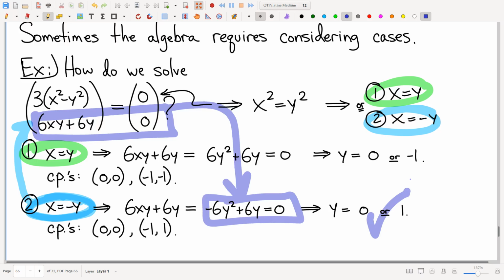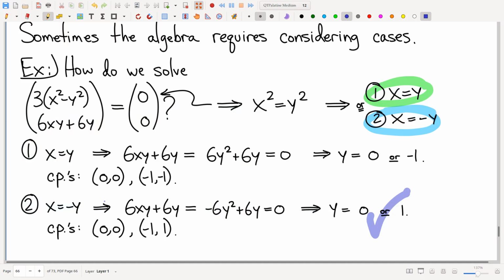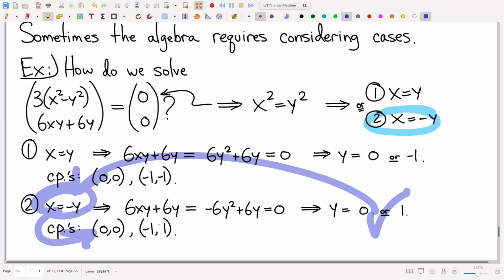And again, plugging back into our case, we get at least one different critical point. Right? If you've been sloppy with this algebra up here, if you ignored the possibility that x could be negative y, you would fail to get that critical point right there. Everybody happy? Everybody see the point there?